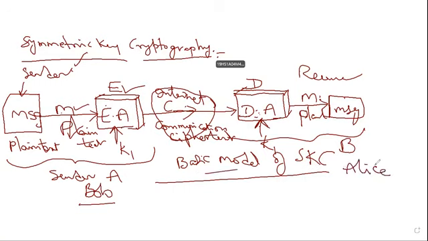You can write either Bob and Alice or Alice and Bob, whatever the names, or simply you can also write those names as sender A, receiver B.